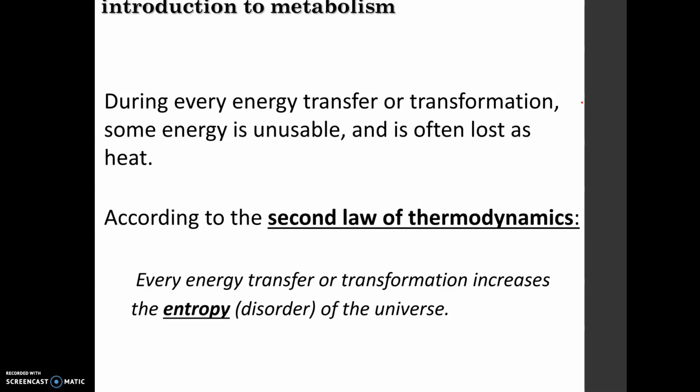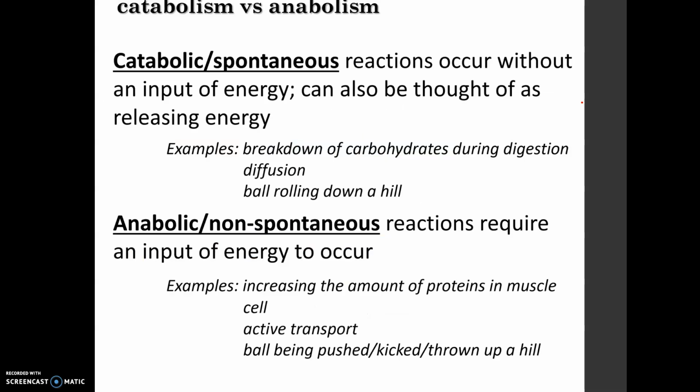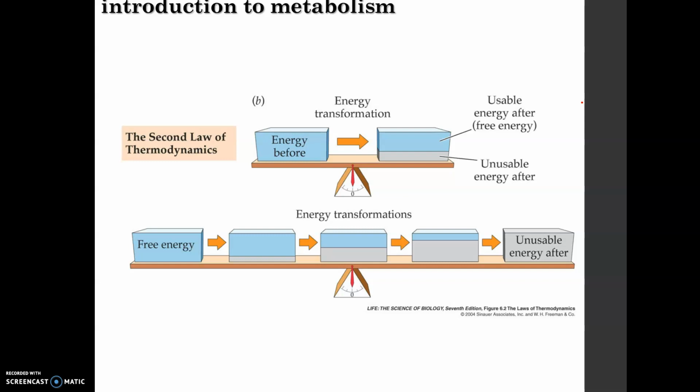According to the second law of thermodynamics, every energy transfer or transformation increases the entropy, or the disorder or the chaos, of the universe. And so here we have the second law of thermodynamics.